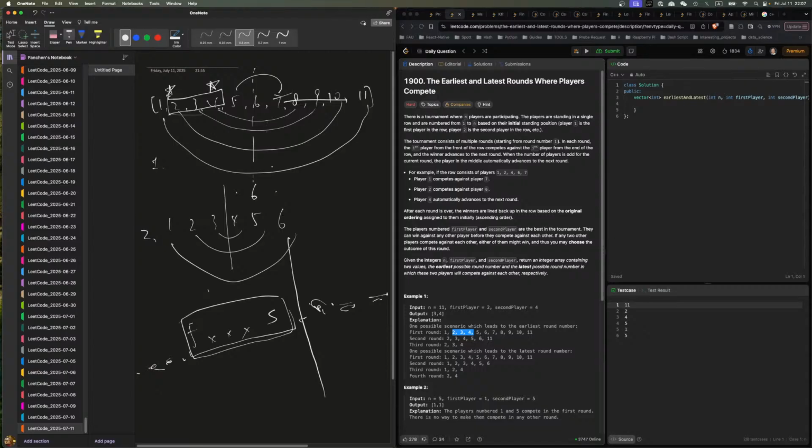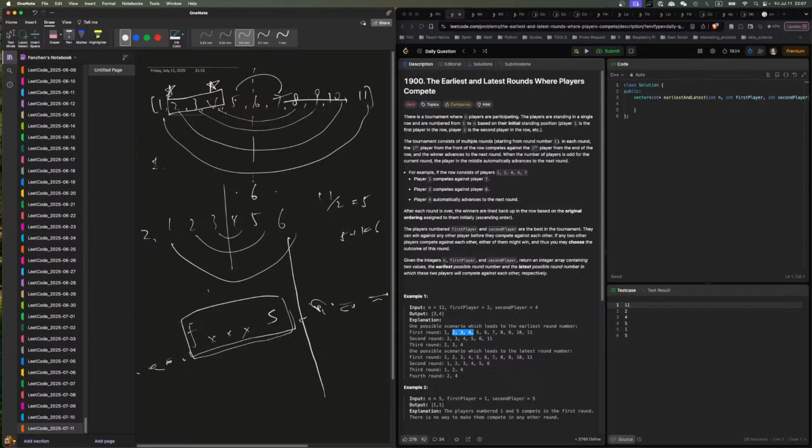Because we start with 11, and 11 divided by 2 is 5, well, it's not really, because it has to be 5 plus 1, which is 6. So the next round will be 6.